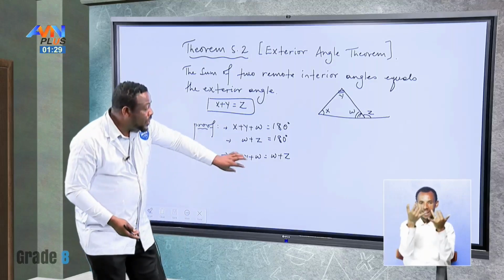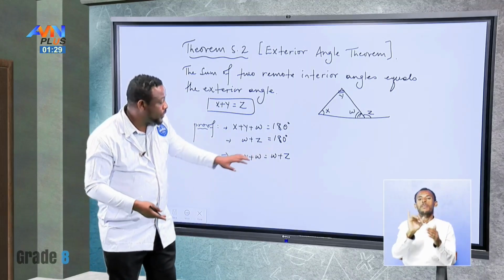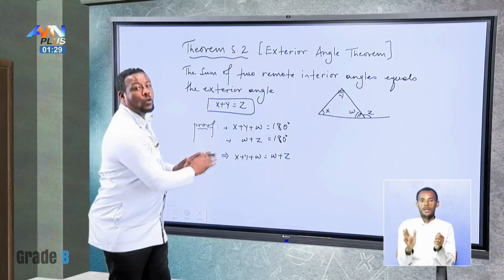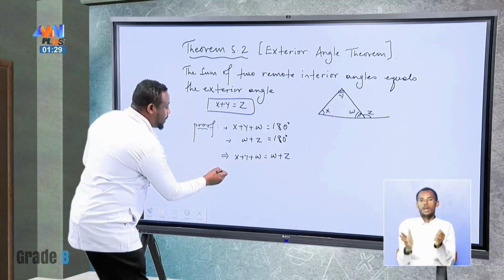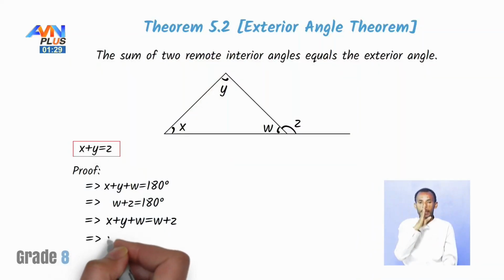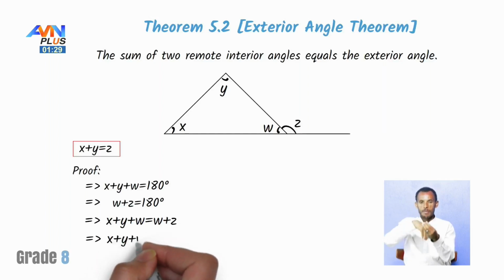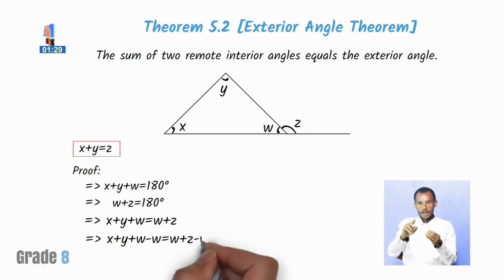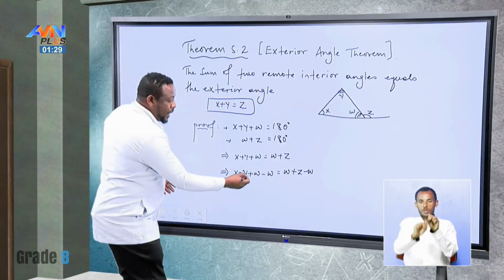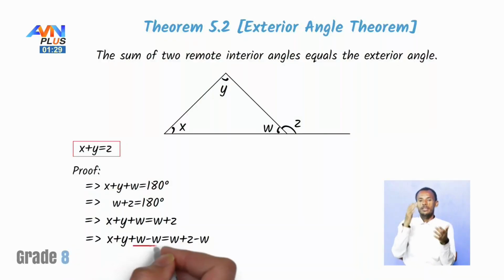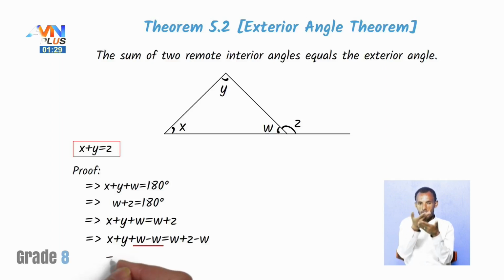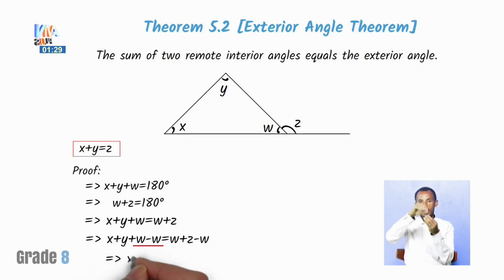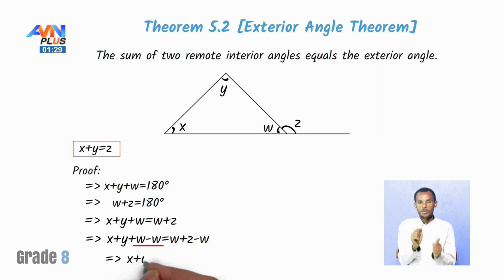So now, subtract the same quantity from both sides. You can subtract W from both sides. So this equation becomes X plus Y plus W minus W is equal to W plus Z minus W. Now on the left side, W cancels, and the only thing that is left is X plus Y. On the right side, the W's cancel each other, and it remains Z, okay?